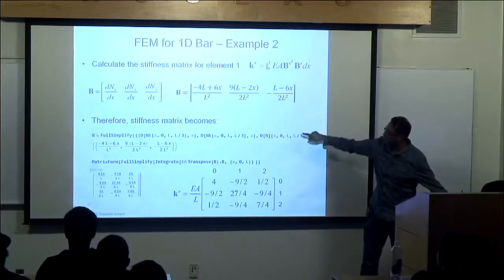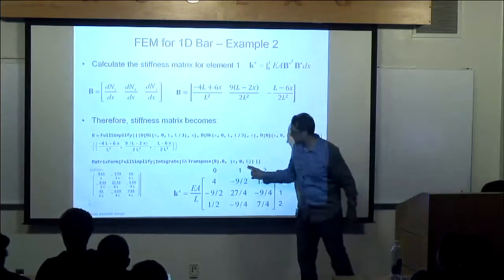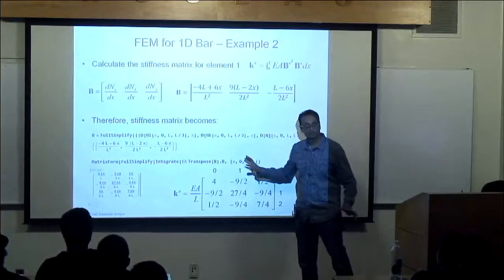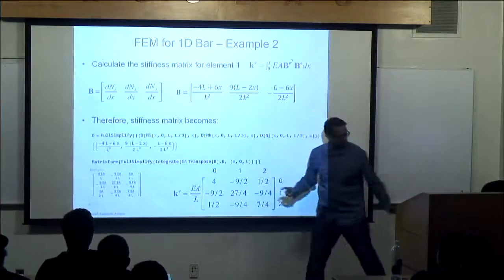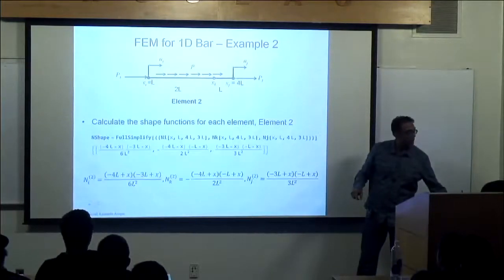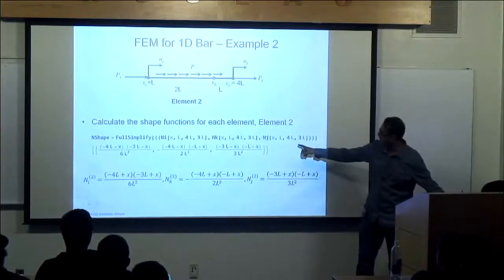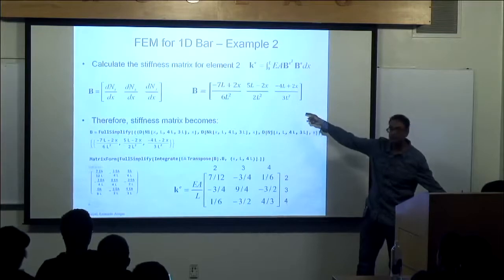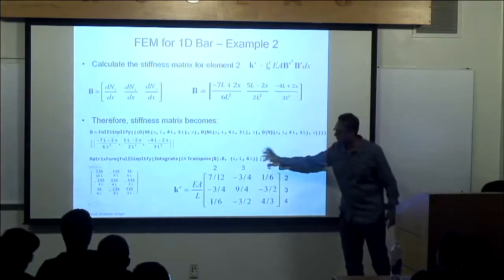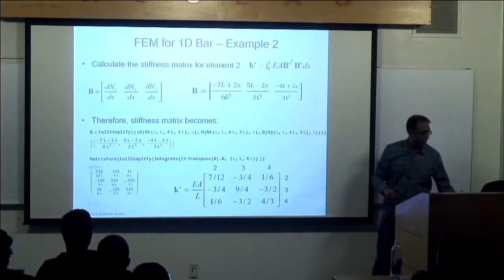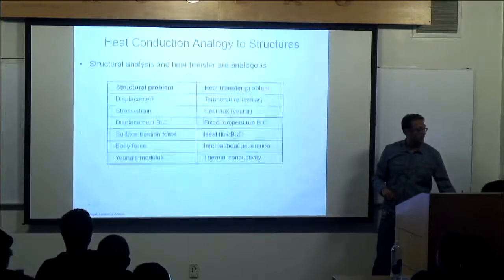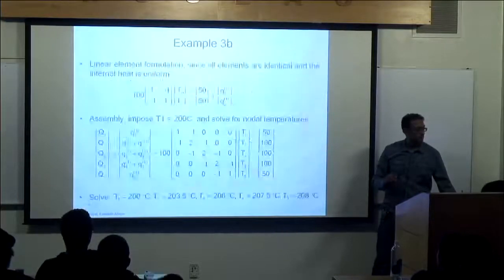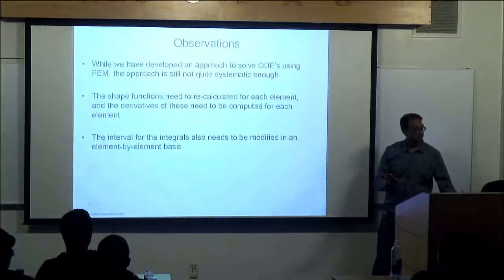And not only that, the integral also is different for one element to another. This one went from 0 to L, and the next one went from L to 4L. The shape functions are different, derivatives are different. So as you see here, these calculations have to be repeated, okay?